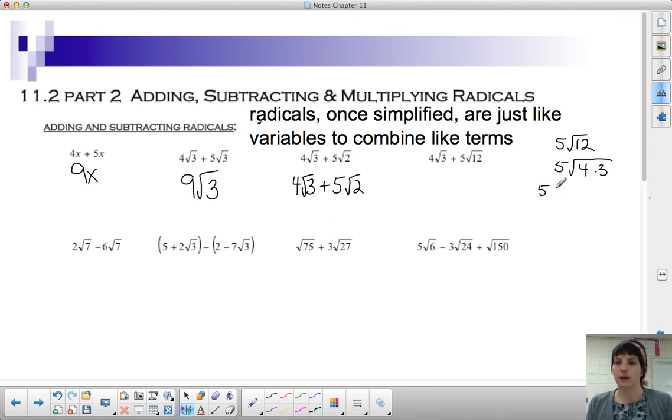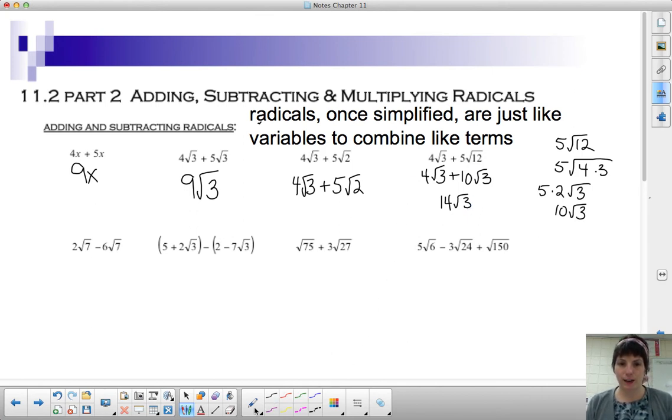So we have 5 times 2 on the outside, and that square root of 3 was not a perfect square. So this is really a 10 root 3. So when I look at this problem, I'm actually looking at 4 root 3 plus 10 root 3. Those are like variables or like terms, so they can be combined. 4 root 3 plus 10 root 3 is 14 root 3.